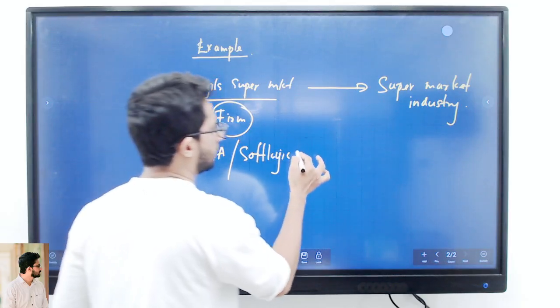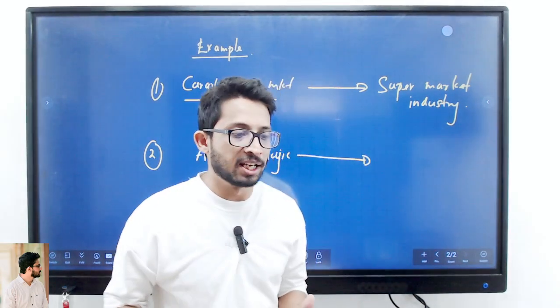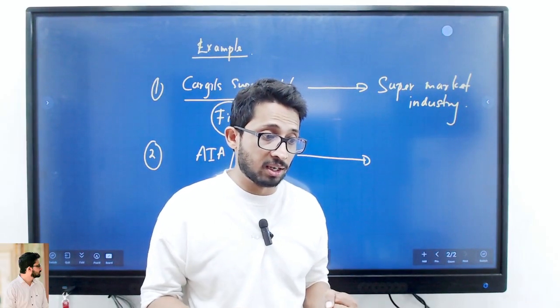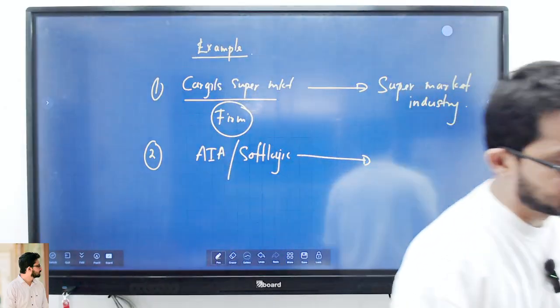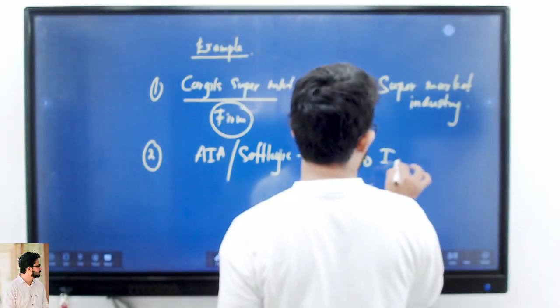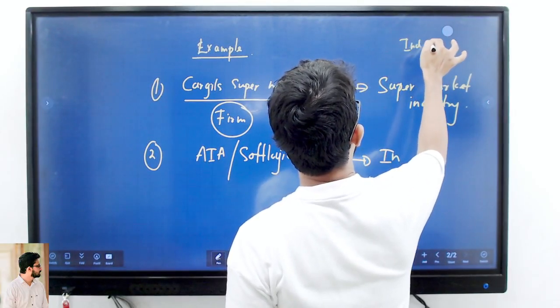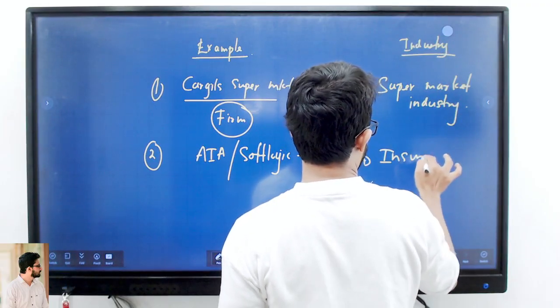I'm talking about Softlogic Insurance. That is one of the firms. Tell me, to which industry does it belong? What is the industry which AIA operates in? Insurance industry. So this is the industry, right? Insurance. Very simple.